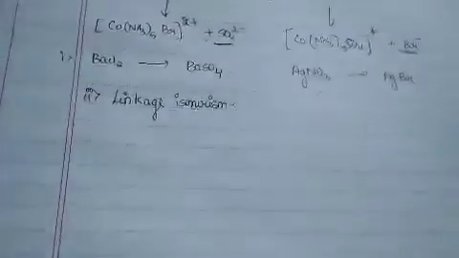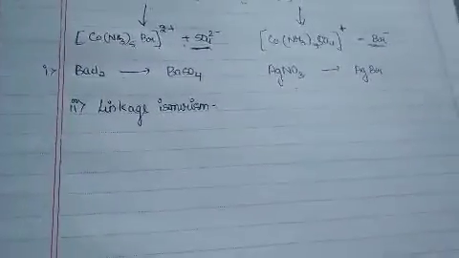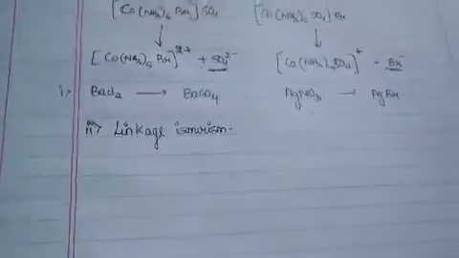That is, how your ligand is attached to your central metal atom or ion. For this one, you have to remember that linkage isomerism is mainly exhibited by ambidentate ligands. If you remember, ambidentate ligands are those having two donor atoms, but at a time they can donate through only one donor atom.